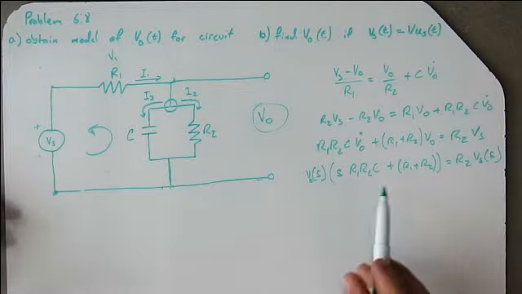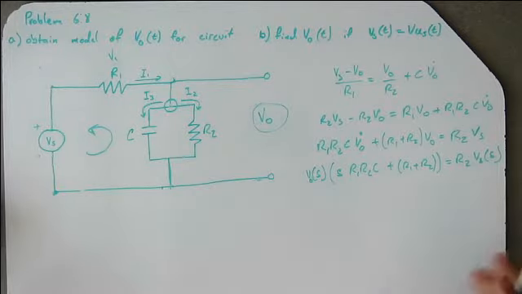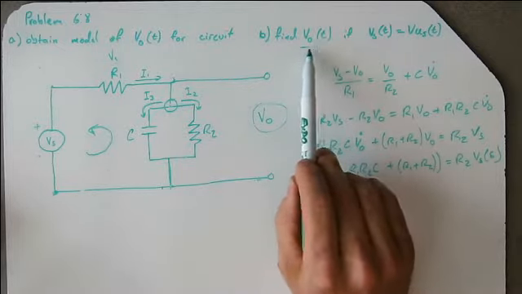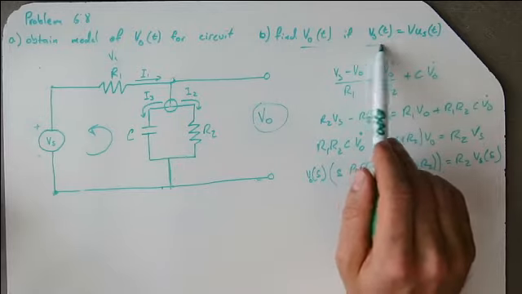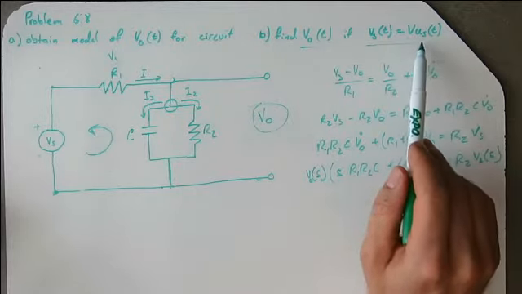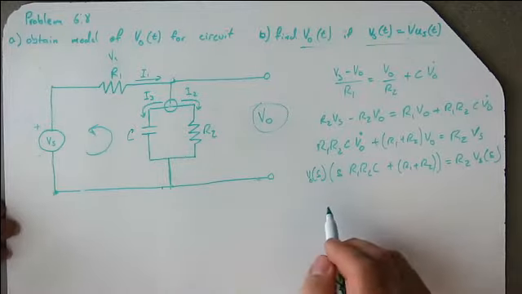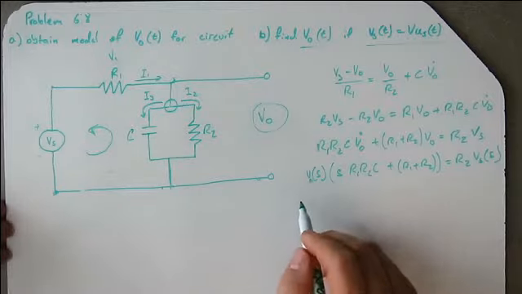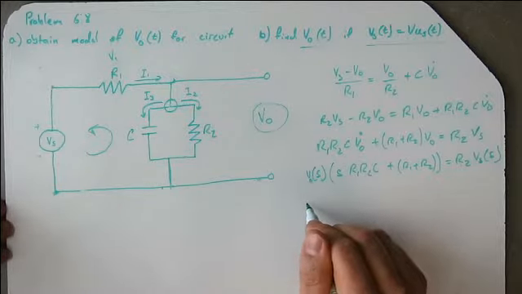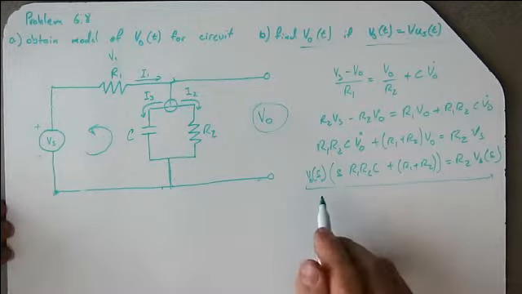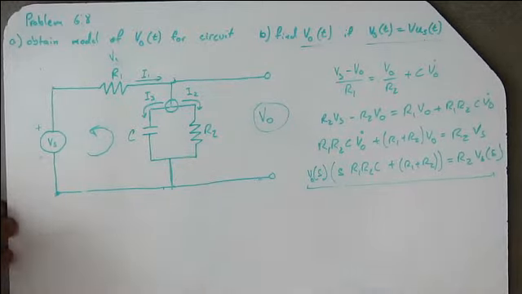In any case, I moved on to part B, and we're going to find V out as a function of t if V in is some magnitude times a unit step. So I'm just doing the Laplace transform, no big deal. So I got to this equation, and I'm going to move over to my big white space here.